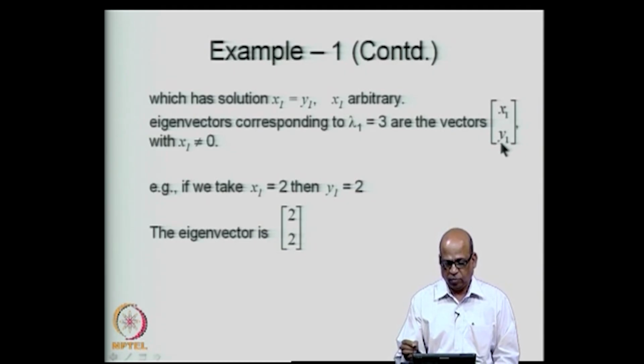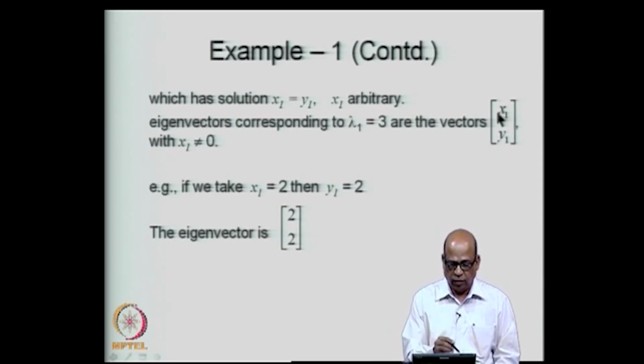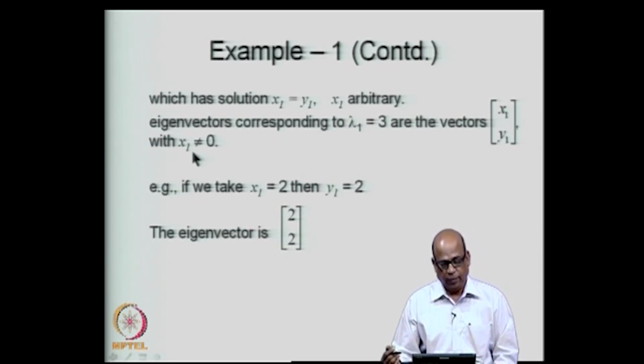Your eigenvector was (x1, y1) and the solution is x1 is equal to y1. So, for any chosen x1, you will get the corresponding y1 as y1 is equal to x1, and therefore, you will get the eigenvectors. So, the eigenvectors corresponding to the eigenvalue lambda 1 is equal to 3 are the vectors (x1, y1) with x1 not equal to 0, because that is what we have specified earlier.